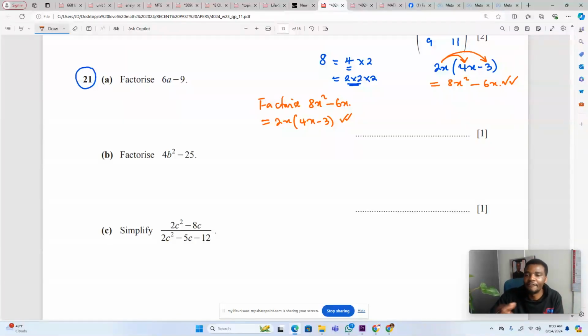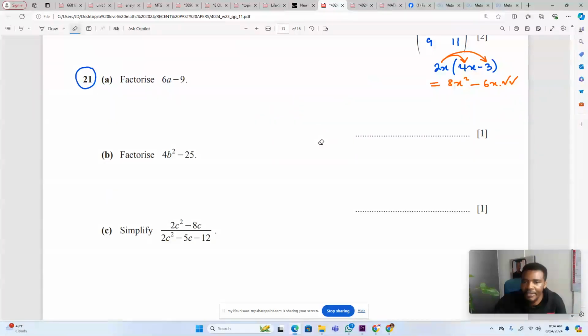So in other words, factorization is basically the opposite of removing brackets, or the reverse of expanding brackets. So let's see how exactly we factorize algebraic expressions. Okay, let's take a closer look at this question. So we have a term 6a here.